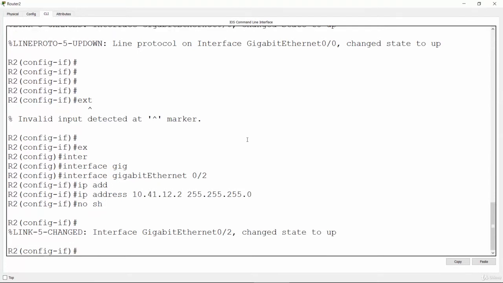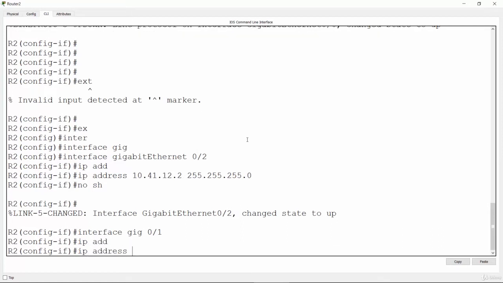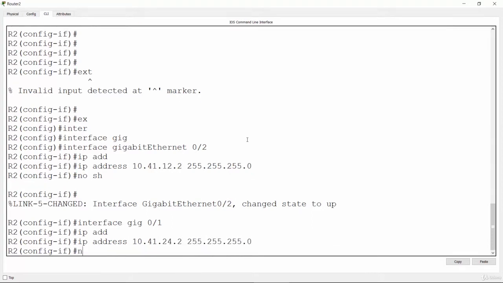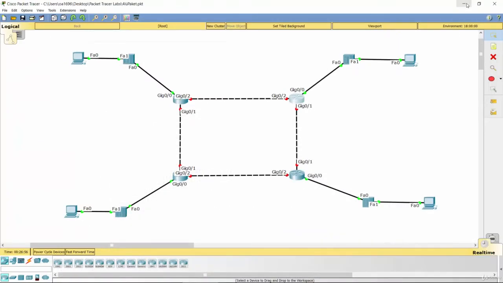Then I'll go to Gig0/1. IP address will be this time 24.2, and no shut. All right. I'm seeing a problem, but I'm not going to tell you that now.